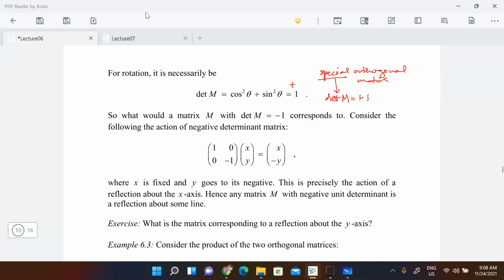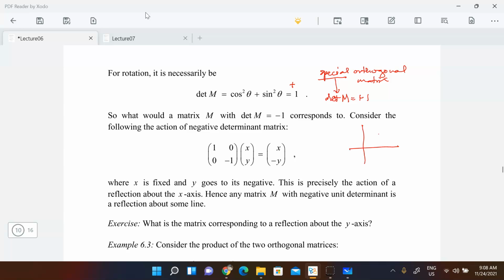And what does it do to a vector, the two-dimensional vector x and y? It simply gives you x unchanged, but y transforms to minus y. So in other words, x is fixed, and this is essentially the action of a reflection about the x-axis.